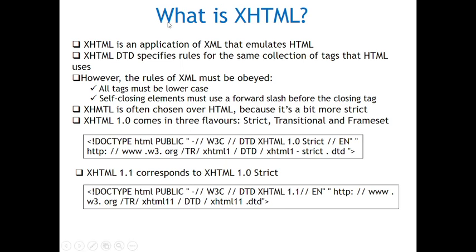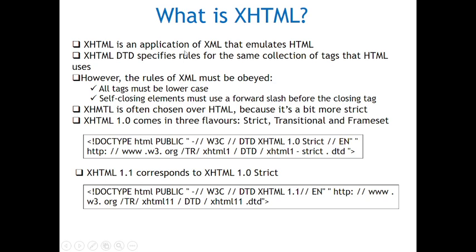Now what is XHTML? It is an extensible HTML. This you have studied in application software development. The very first line you will have this one. So XHTML is preferred over HTML. You can design the templates, anything you can do in this XHTML.